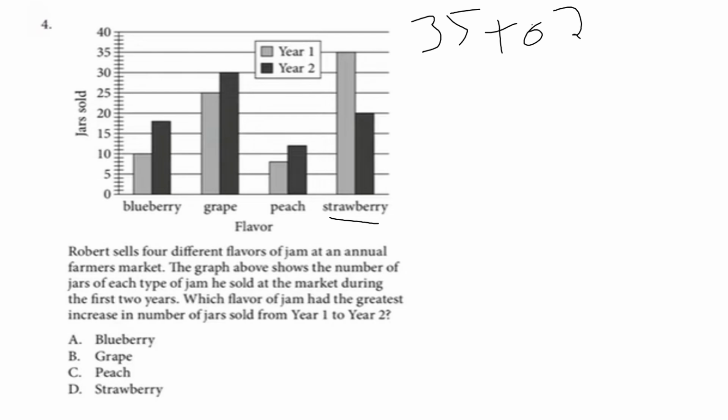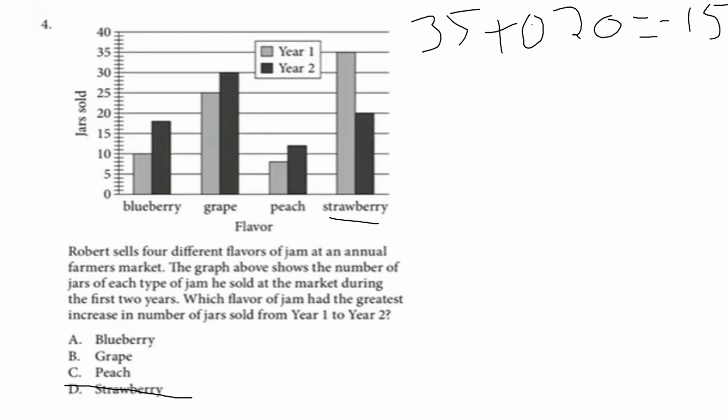So that means that it decreased. Let me make that a little bit better. So 35 to 20. So that means there was a decrease. So it went minus 15. So it didn't increase, so we can get rid of strawberry. Strawberry did not increase at all.